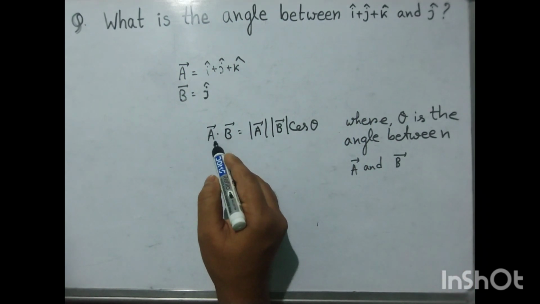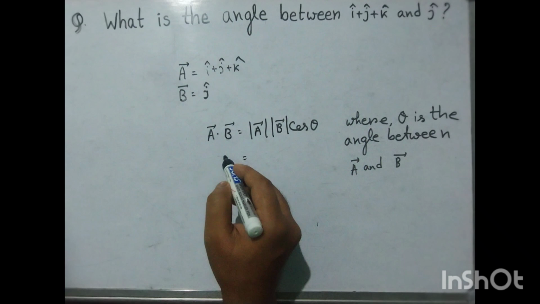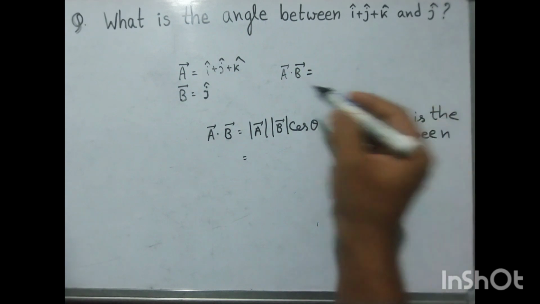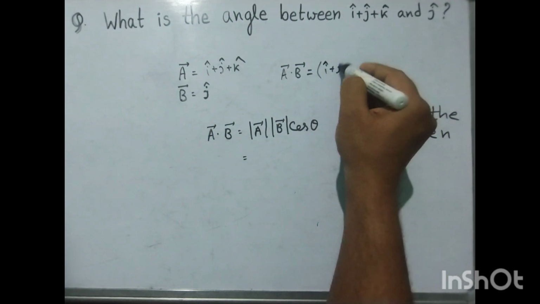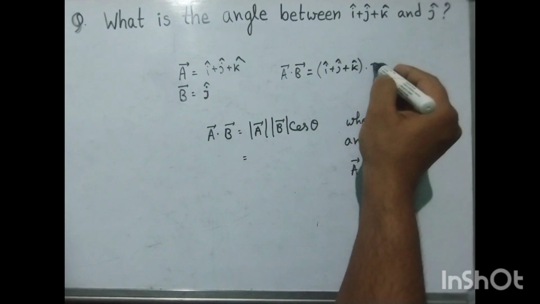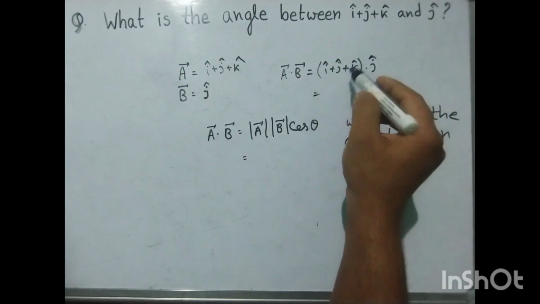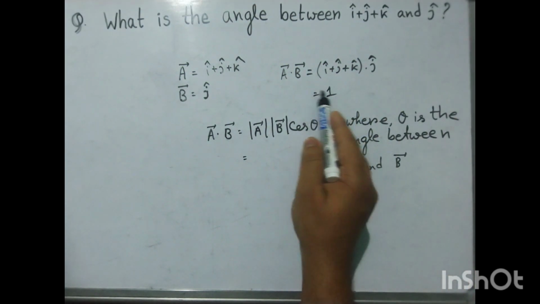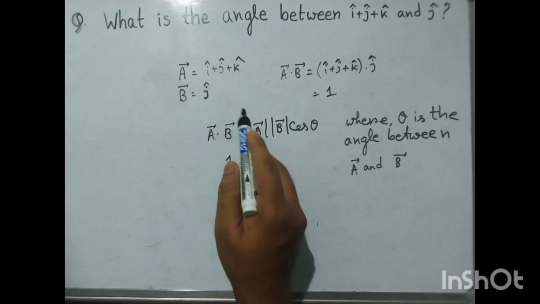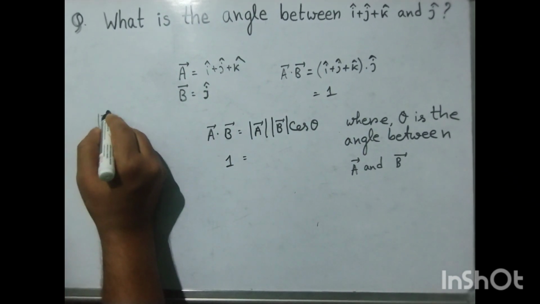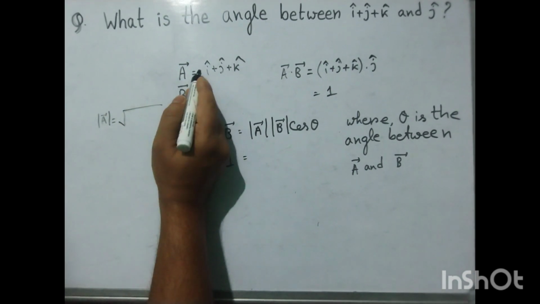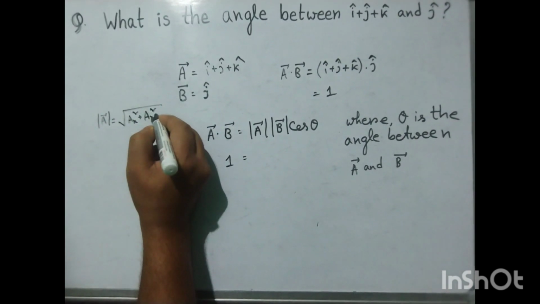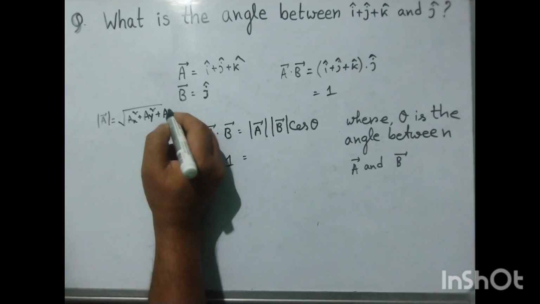Okay, so a vector dot b vector, we can do this. We know i cap plus j cap plus k cap dot j cap. So i cap dot j cap is 0, only j cap dot j cap is 1, and k cap dot j cap is also 0. So this will be 1. Magnitude of a vector will be root over ax square plus ay square plus az square.